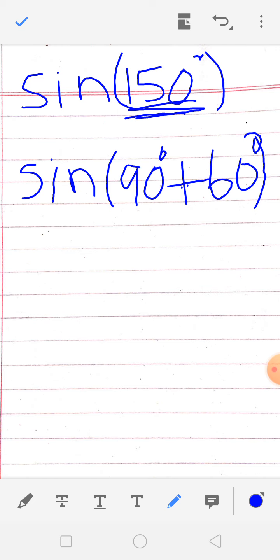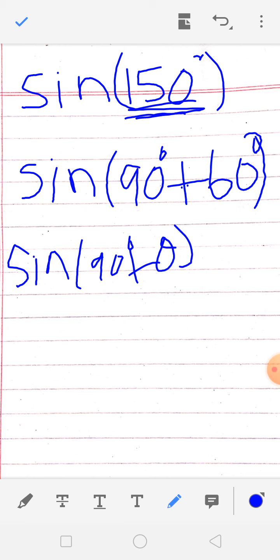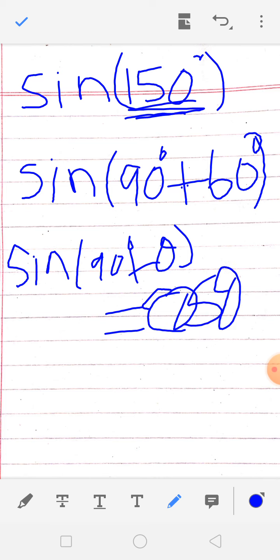So now look at the property. What property do we have to use? Sine of 90 degree plus theta is equal to cos theta. Okay, sine of 90 degree plus theta is equal to cos theta.